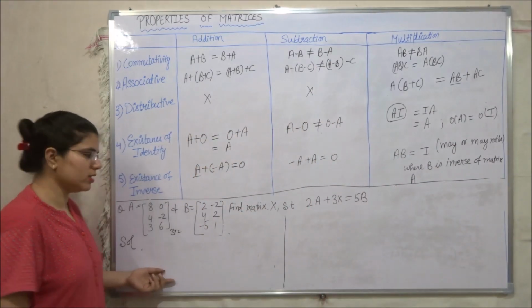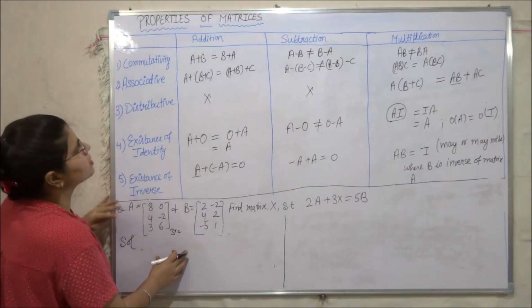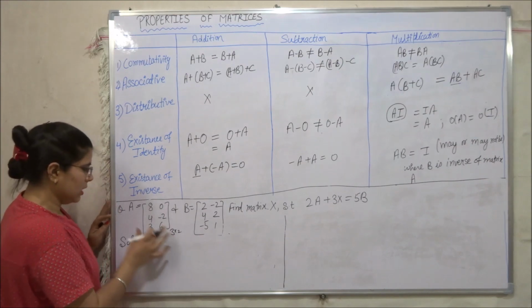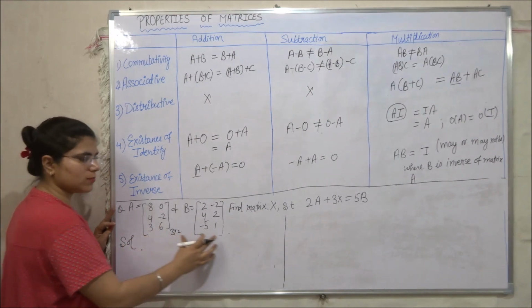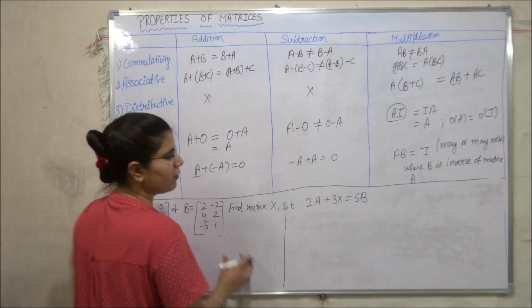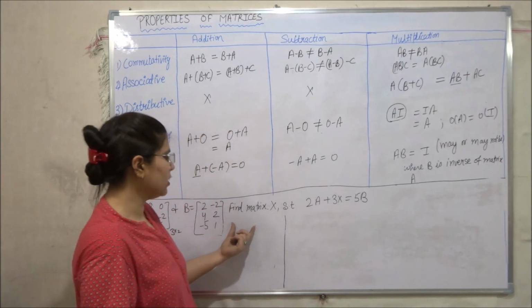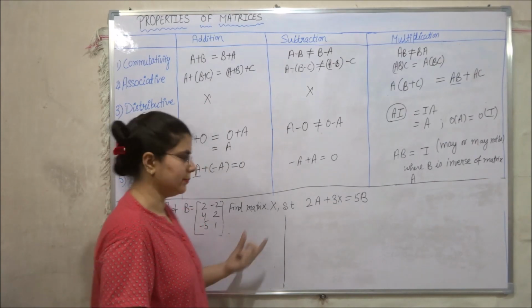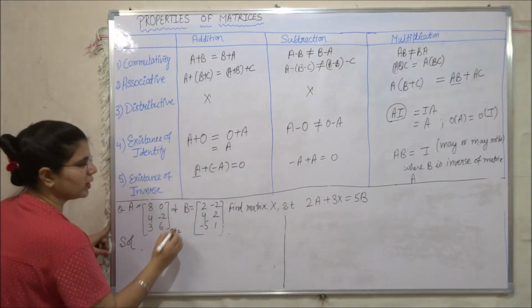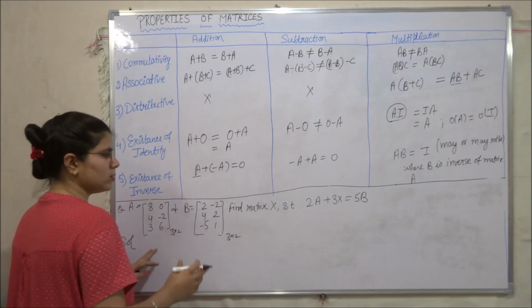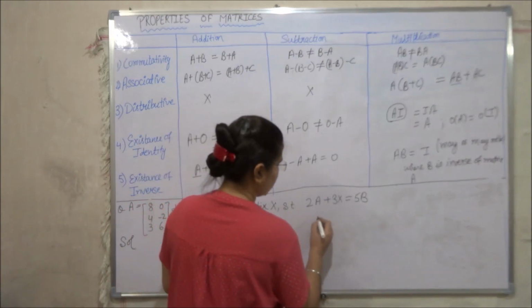Now we will solve this question, which is based on the properties of matrices. In this, matrix A is given to us, matrix B is given to us, and one condition is given to us. From this condition we have to find the value of matrix X. So let us solve it. First of all, put the values corresponding to the given condition.